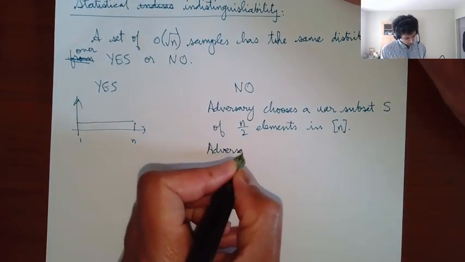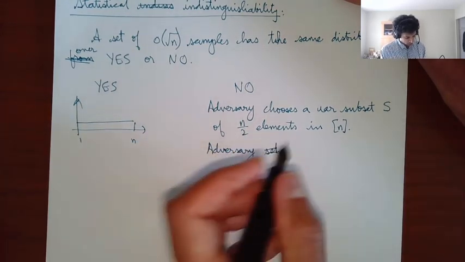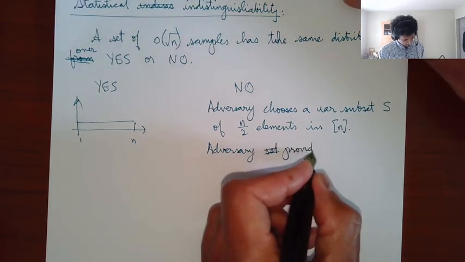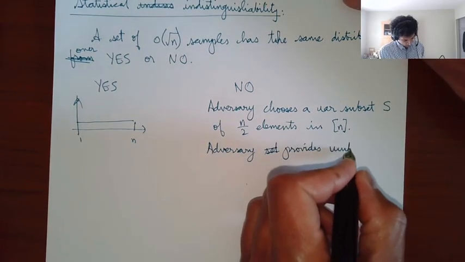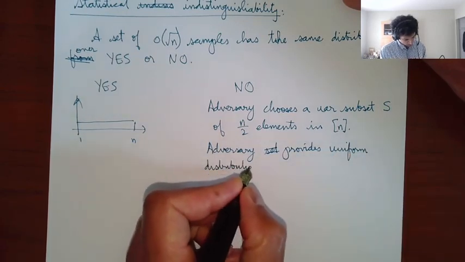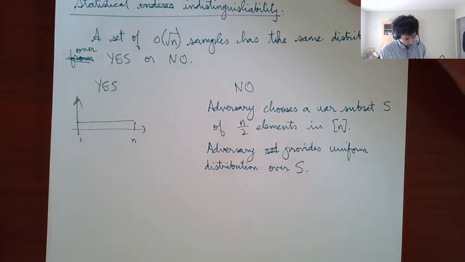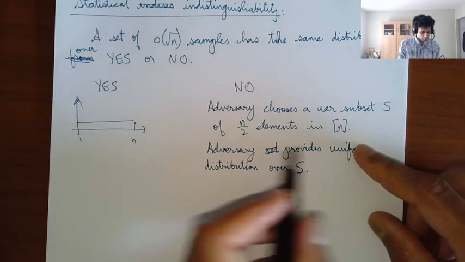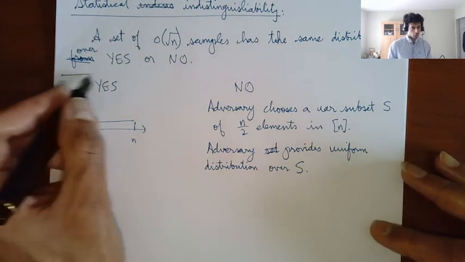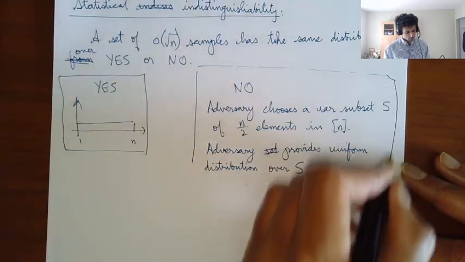Let me refer to this subset as S. Then the adversary provides the uniform distribution over S. It's important that the adversary first chooses a support randomly, then provides a uniform distribution over S. So this is like the yes box, which is just a uniform distribution, and this is the no box.